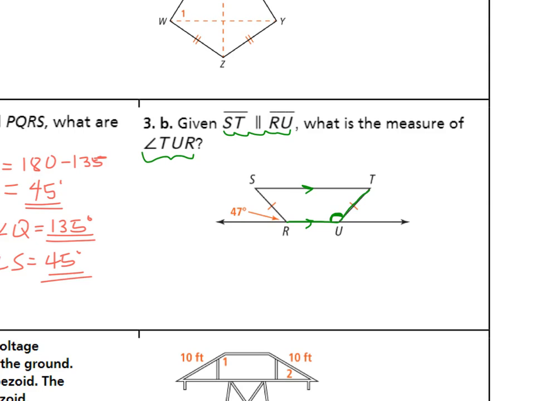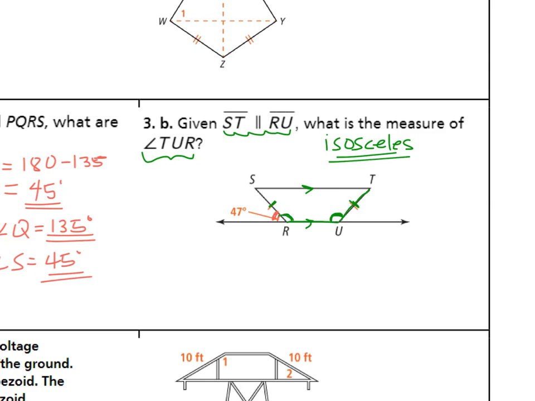We know it's a trapezoid, and see the dash on SR and TU? That means it's an isosceles trapezoid. And that's going to be helpful. Now, the 47 really isn't on the inside, so that's not going to do us a whole lot of good, except for the fact that if the 47 is on that left-hand side, then angle SRU over here on the right is a linear pair.